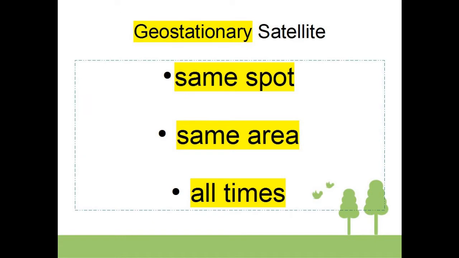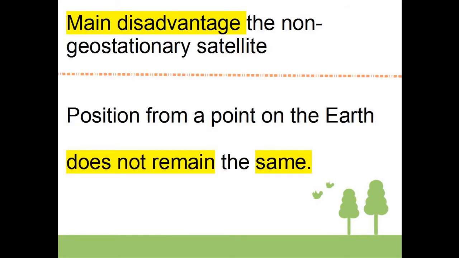There are two types of satellites: geostationary satellites and non-geostationary satellites. A geostationary satellite is always in the same spot above the same area at all times, while for a non-geostationary satellite, the position from a point on the Earth does not remain the same.